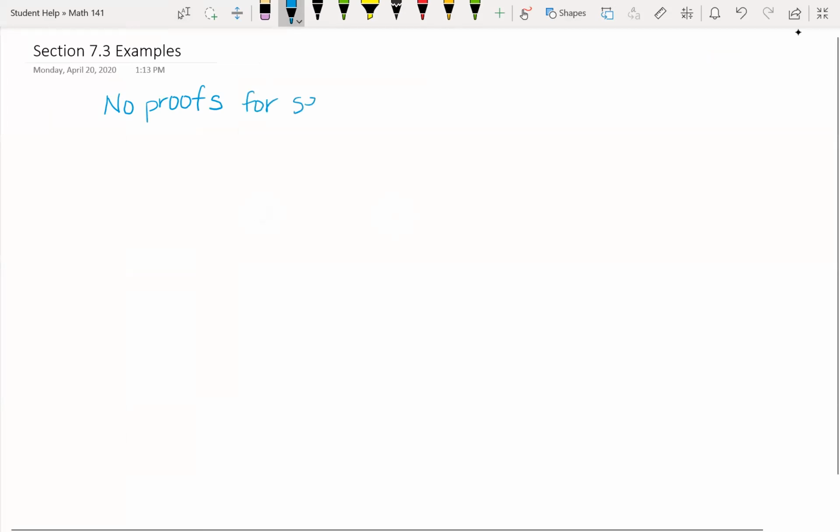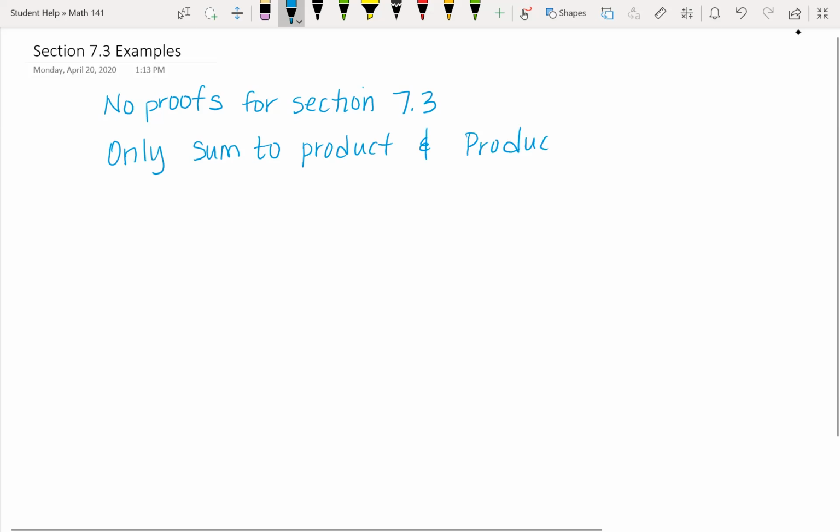For section 7.3, only sum to product, which you use a lot in calculus, and product to sum formulas. So I'm going to do 3 examples of these.